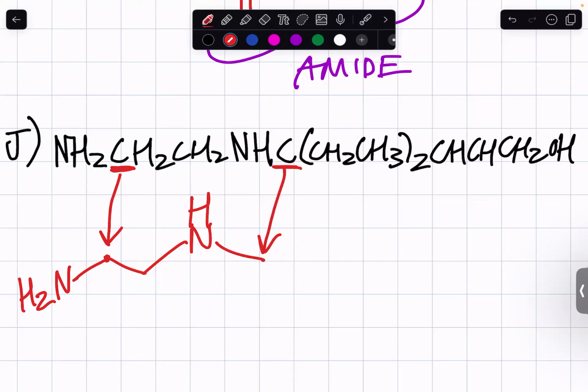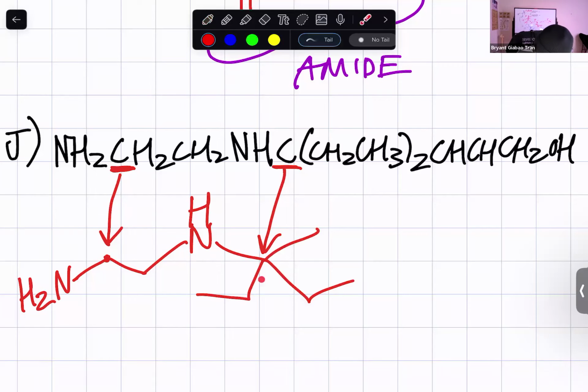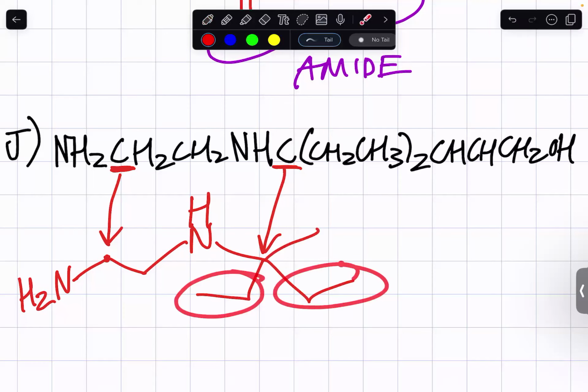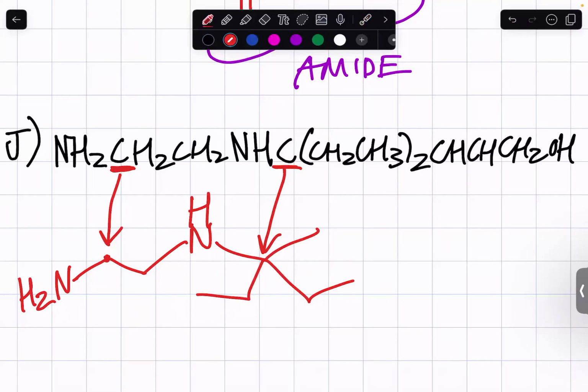Yeah, so then that one would have 2 sets of CH2, CH3. So one would have a CH2, CH3, and then it would also be attached to another one. That's right. Which are these 2 right here. And then the next one would be another carbon with a hydrogen.